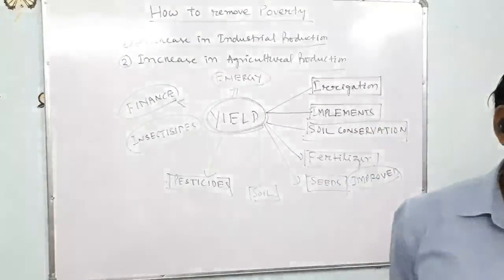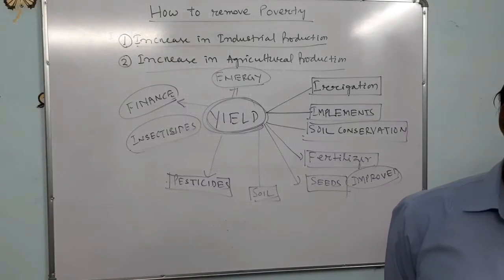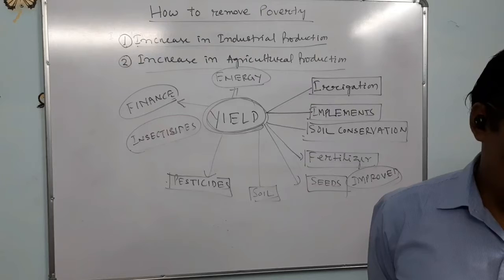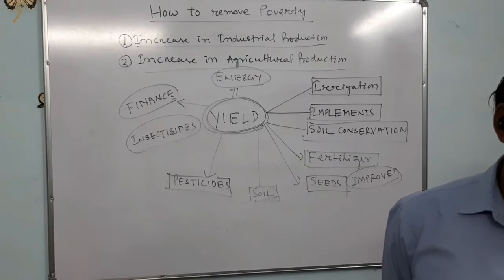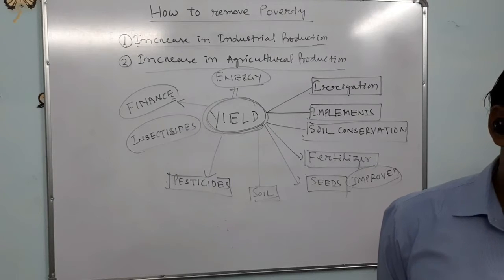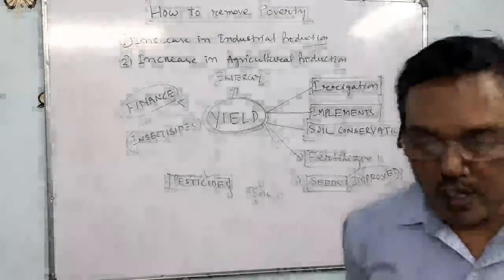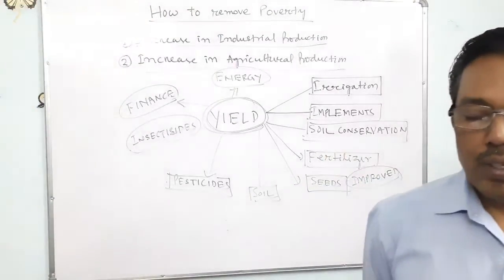Those who are poor should be provided gainful employment opportunities, and the tax system should be formulated so that it may restrict the concentration of wealth in fewer hands, as I have already said in public finance.